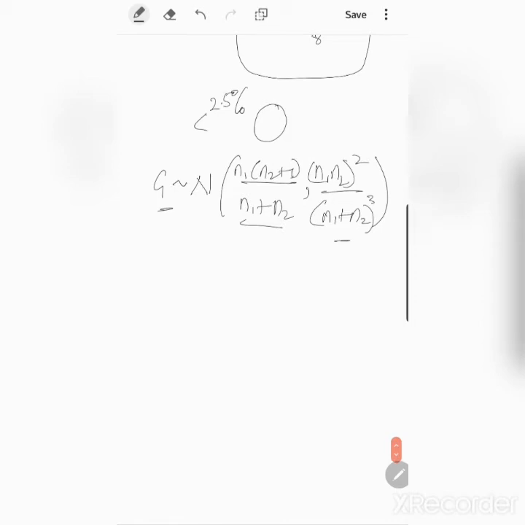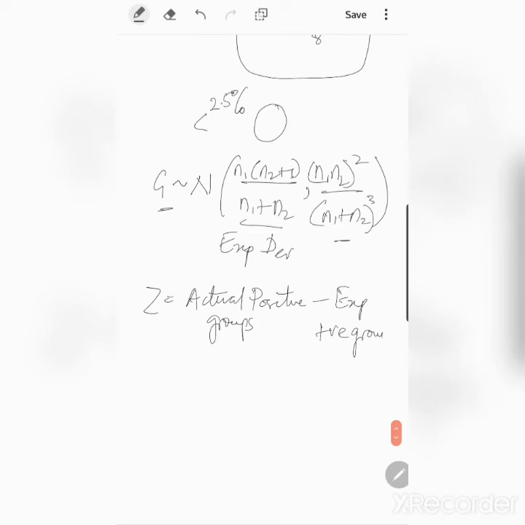So probably I can find out the actual number of, so this will give me the expected number of positive deviations and actual positive. So I'll take the z value is equal to actual positive groups minus the expected positive groups.